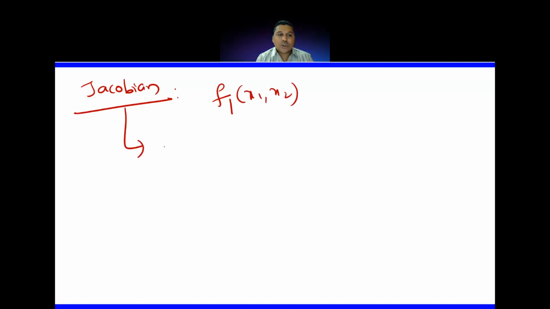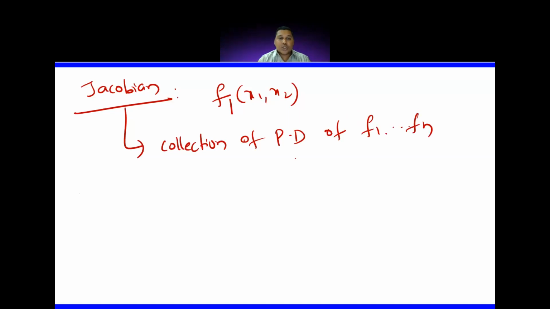Jacobian is nothing but a collection of partial derivatives of not one function but all the functions f1 to fn with respect to all the variables x1 to xn. Okay, let's make it simple. I will tell you with a simple example. Try to understand what the Jacobian is. It's a collection of partial derivatives of all the functions with respect to all the variables.